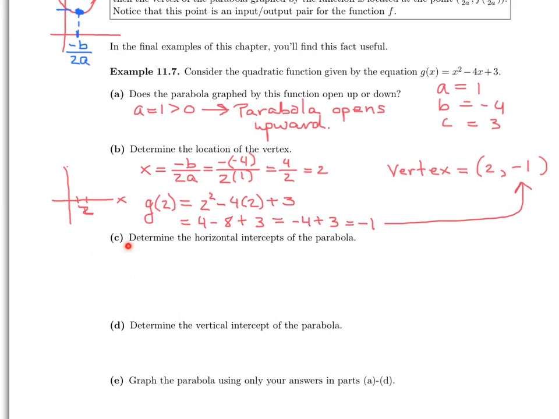Now let's look at part C. Determine the horizontal intercepts of the parabola. We discussed this in the previous screencast. So if you recall, we start by factoring our function. So we have g of x equals x squared minus 4x plus 3, and we want to write this in factored form.